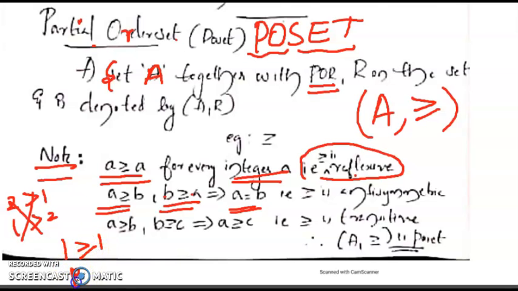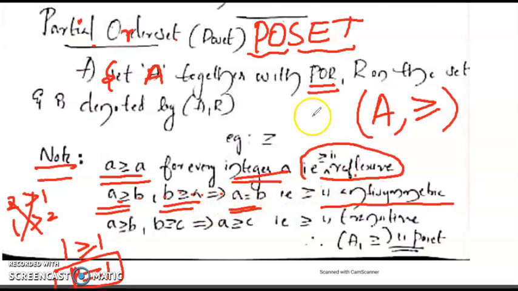So always a greater than or equal to b, b greater than or equal to a implies a is equal to b. Therefore it is antisymmetric. That is called the antisymmetry condition: a related to b, b related to a, then a is equal to b.